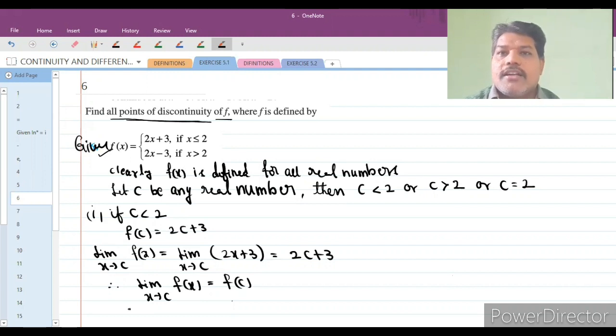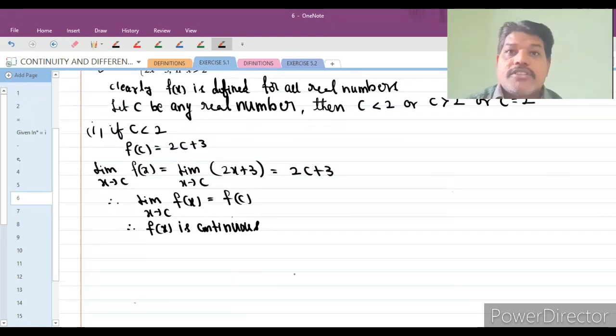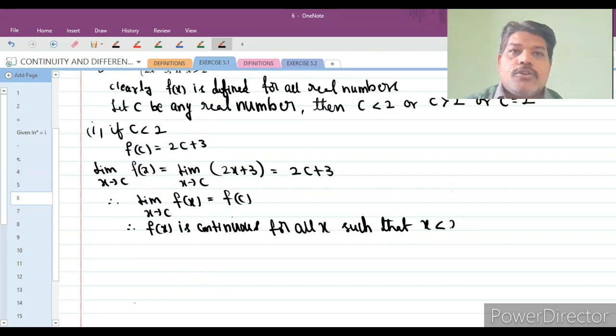Then we can declare that f of x is continuous for all x such that x is less than 2.